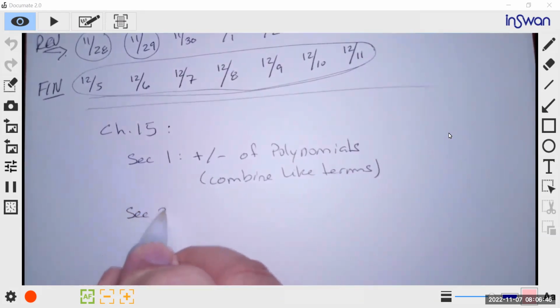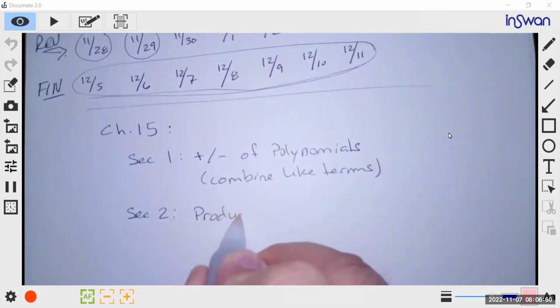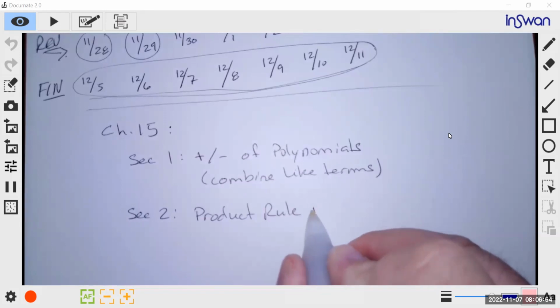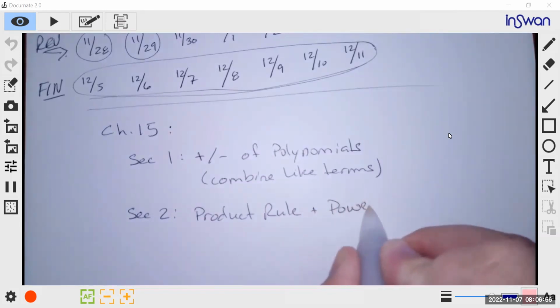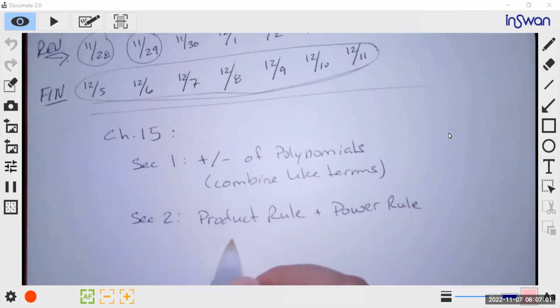Section 2 dealt with the product rule and the power rule of exponents.